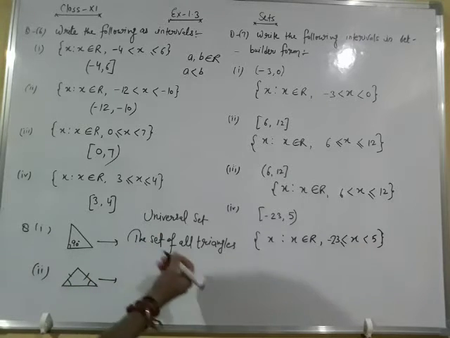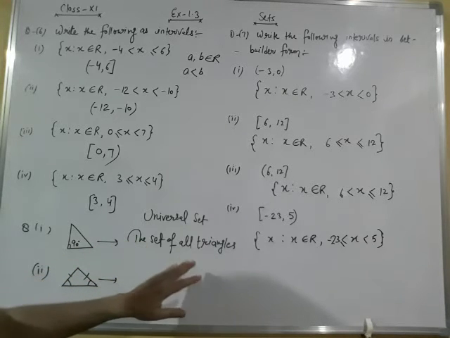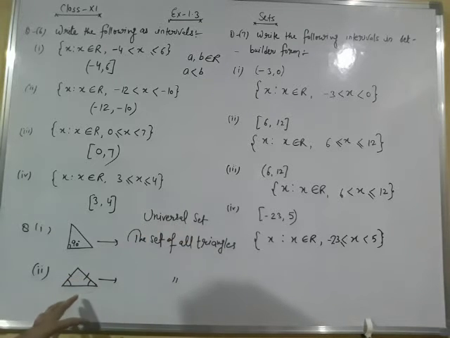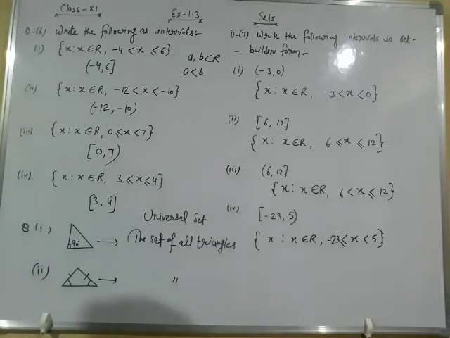The same will be our answer, the set of all triangles. The set of all triangles will be treated as the universal set for isosceles triangles, because an isosceles triangle is also a part of all the triangles.